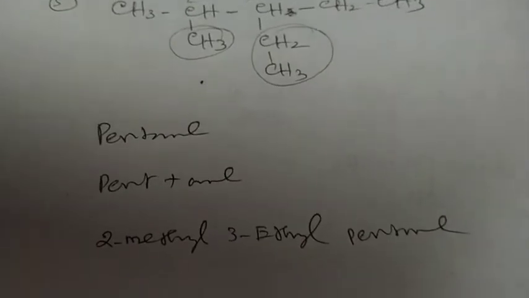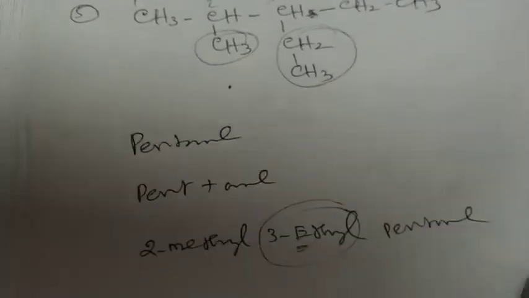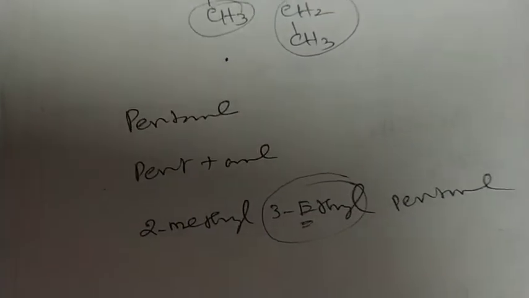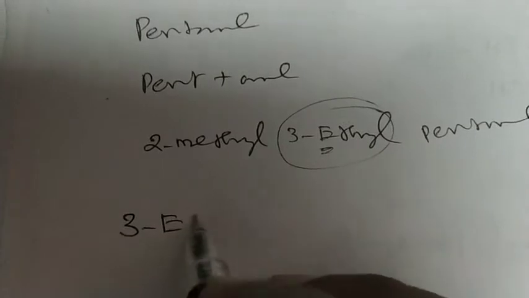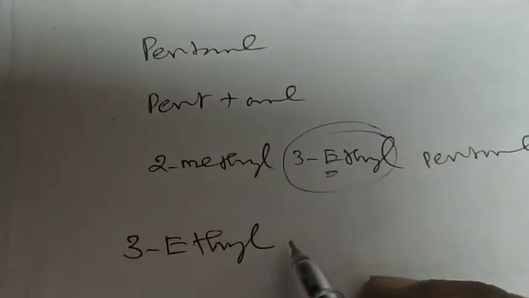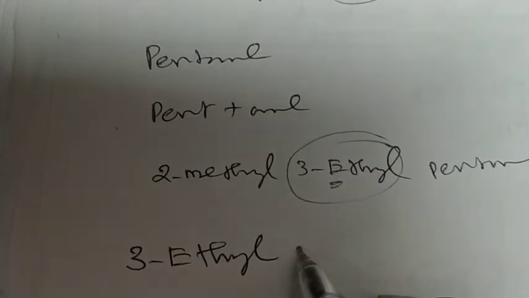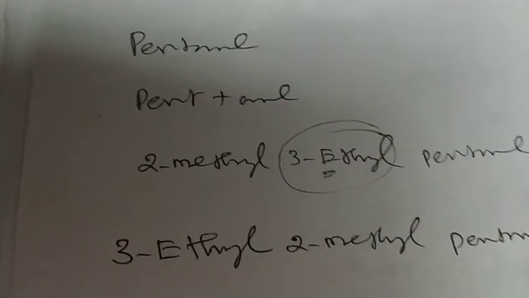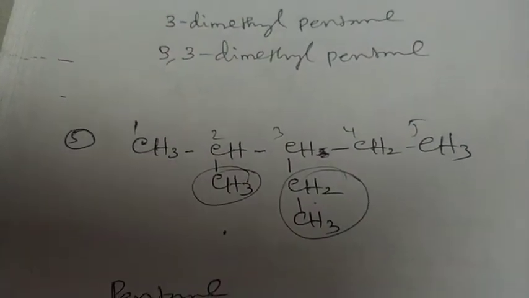Usually we write like this, but according to the IUPAC pattern, ethyl will come first. According to alphabetical order, E will come first, then M. So 3-ethyl, and 2-methyl, pentane. At the third carbon ethyl is there, at the second carbon methyl is there.